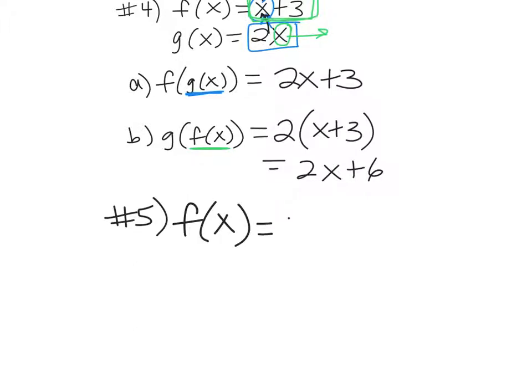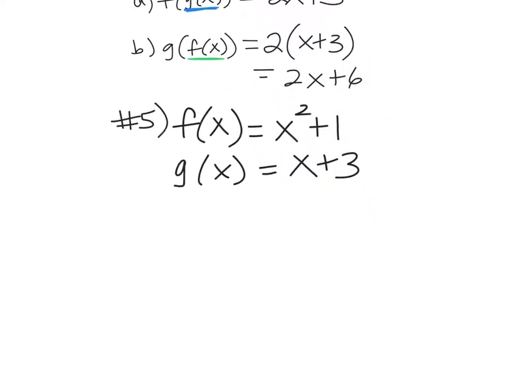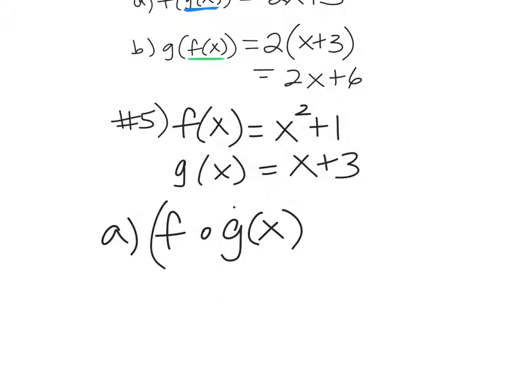Okay. f of x is x squared plus 1. And g of x is x plus 3. Okay, here we go. We're going to evaluate both ways. So let's do f of g of x first. Now, a lot of people don't like this notation, this f of g notation or g of f.